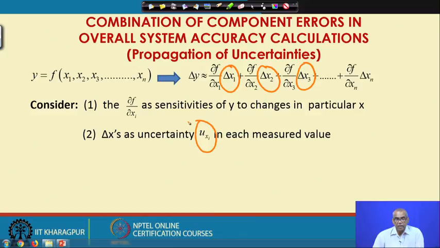So, delta x1 is the uncertainty in measurement of x1, delta x2 is the uncertainty in measurement of x2, and so on and so forth.